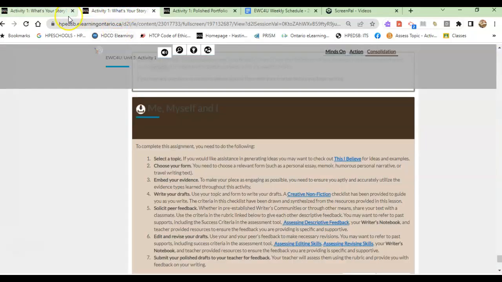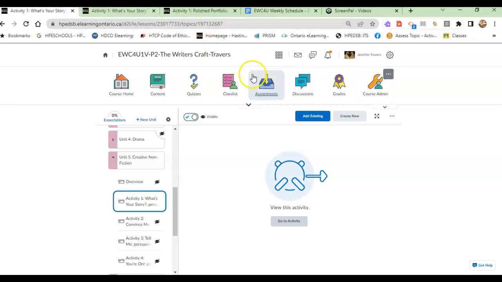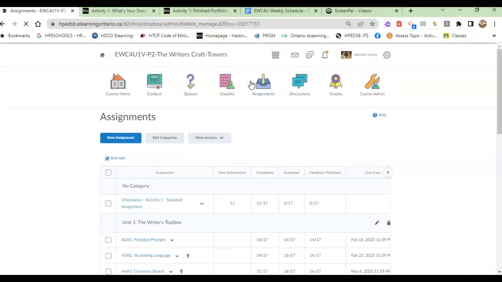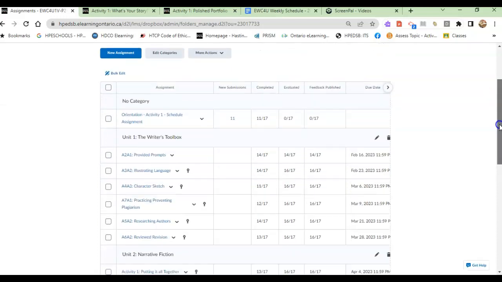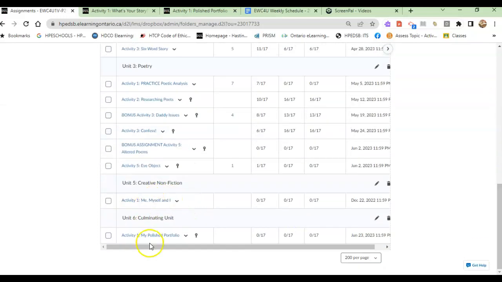Let's go back here. You're going to hand that into your portfolio assignment for Unit 6, Activity 1, and when you hand this in, you have completed the course, as long as there are no other assignments you need to work on.